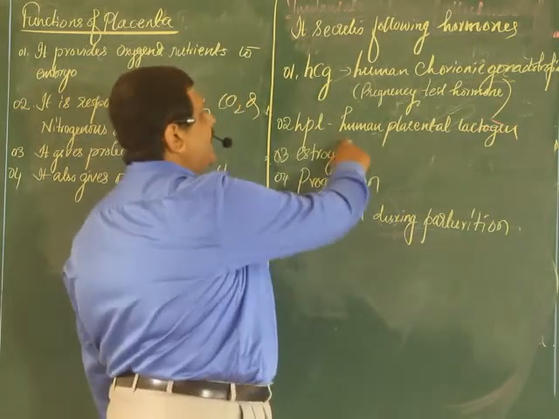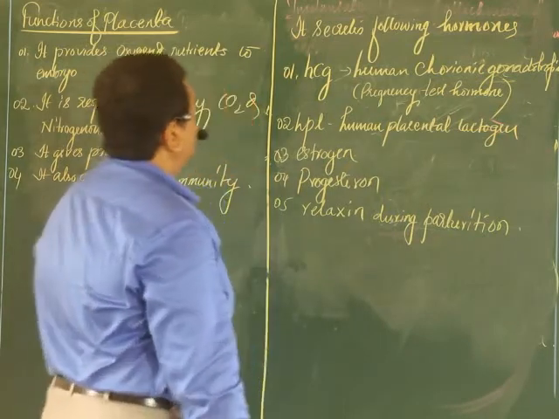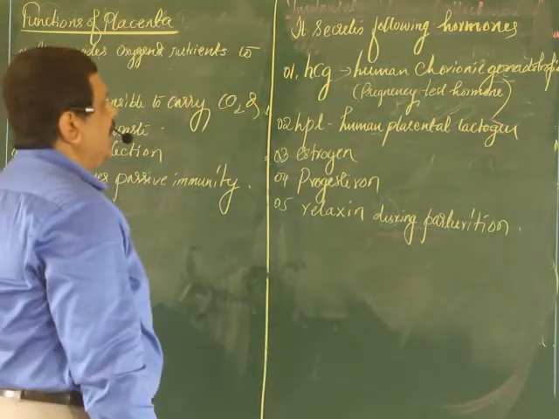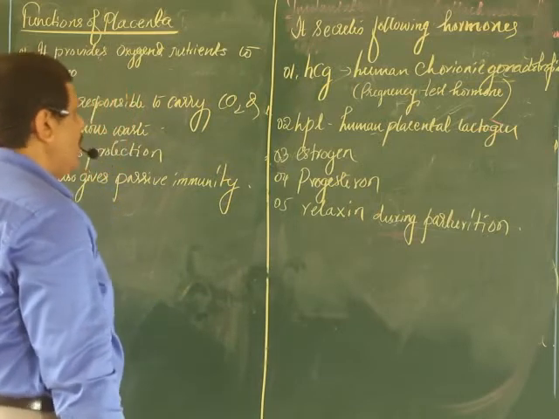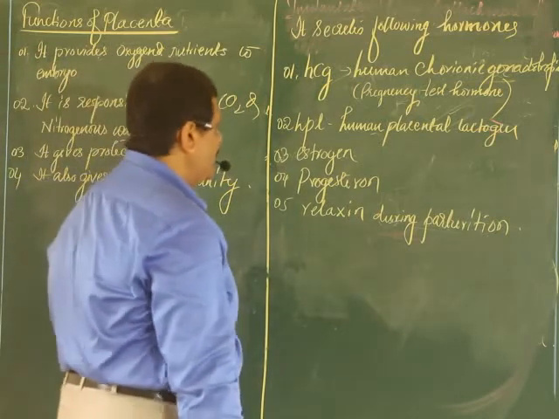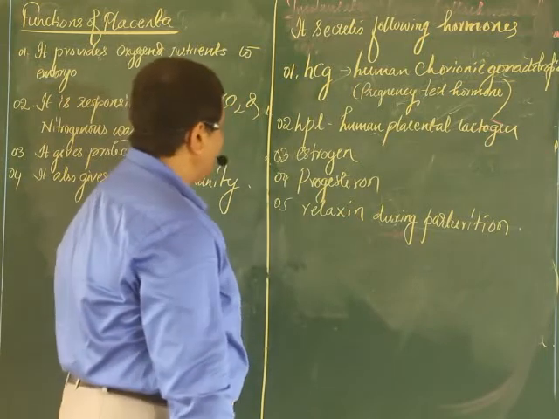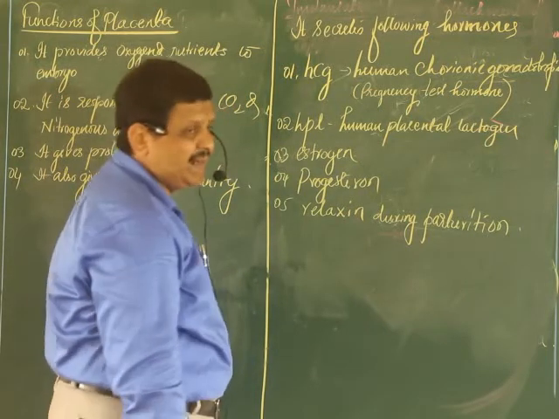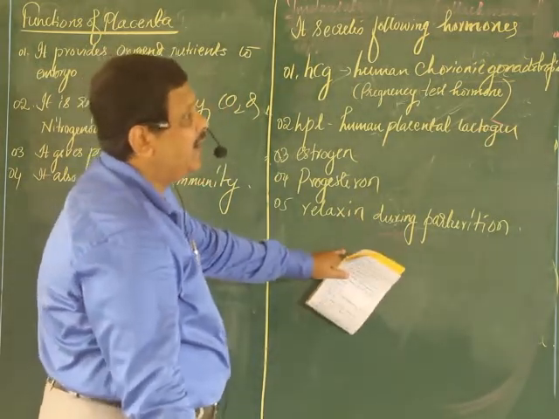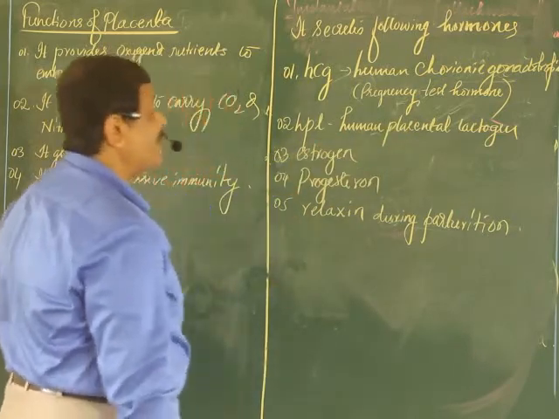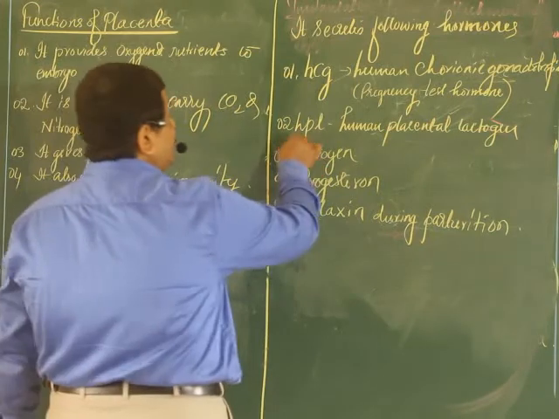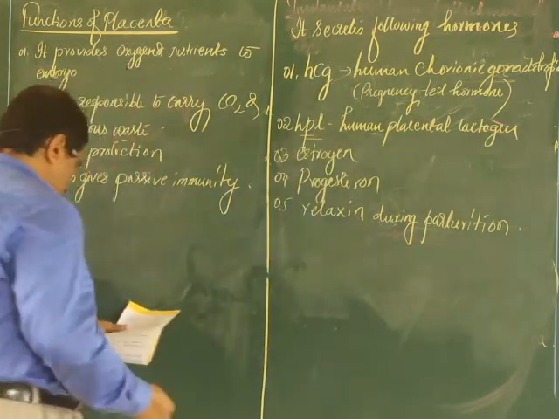HPL is usually responsible for maintaining the pregnancy along with progesterone. Estrogen is also important, a female hormone. Relaxin is produced during delivery. Thus HPL helps in milk production, preparing the mammary gland for production of milk.